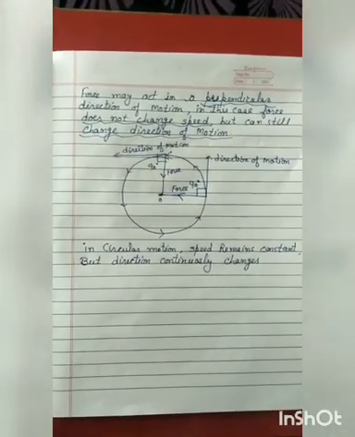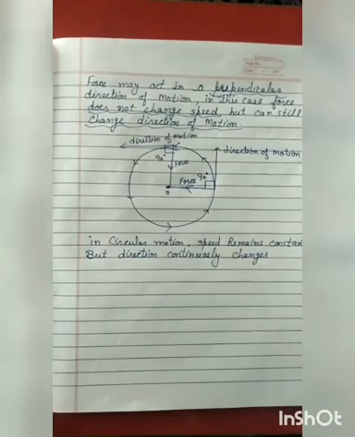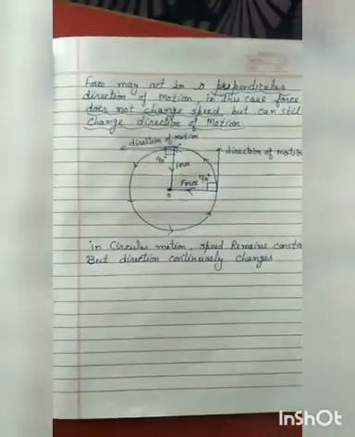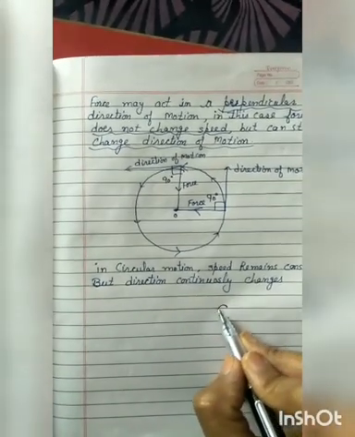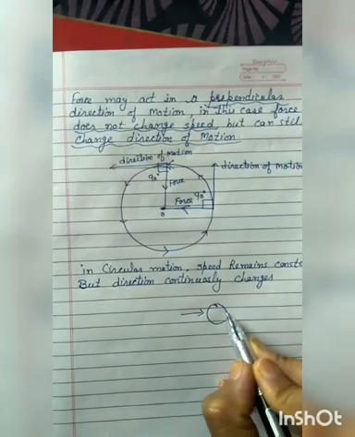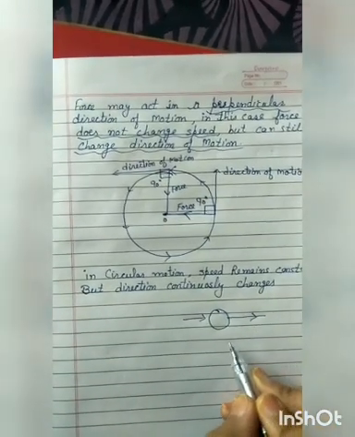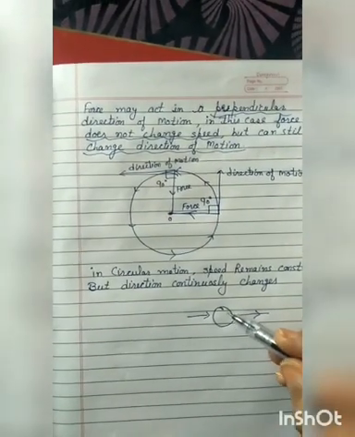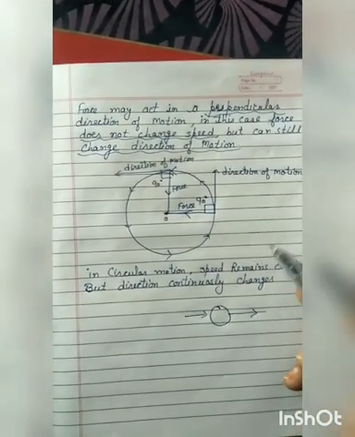Students, now the last topic of discussion is that force is not always in the direction of motion of the object. Like, this is the object, and we are applying the force in this direction, and the object moves in this direction. But the force may be perpendicular to the direction of motion.